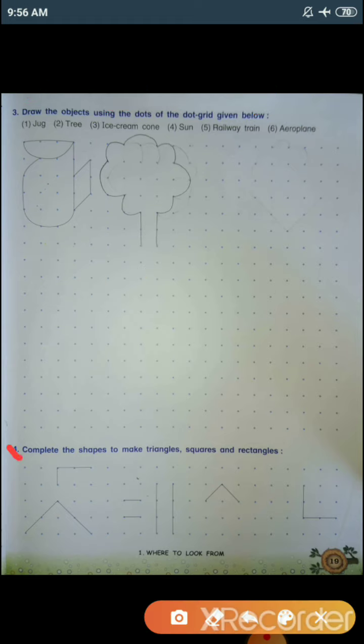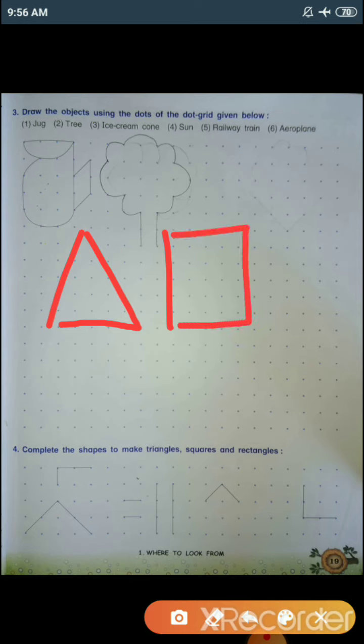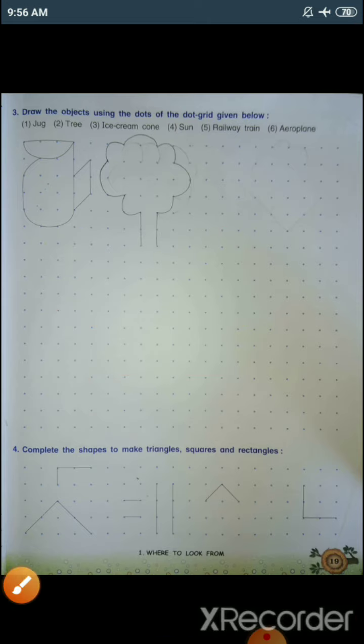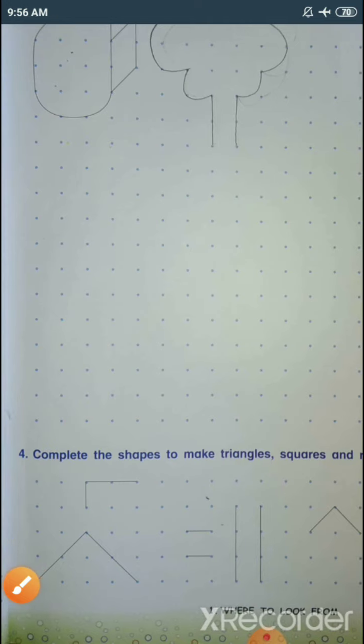Now the number 4. Complete the shapes to make triangles, squares and rectangles. Everyone knows that a triangle looks like this, a square looks like this, and a rectangle is here. Now the incomplete shapes are given here and you need to complete them by yourself. So let's see here.